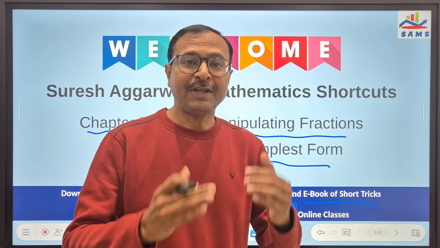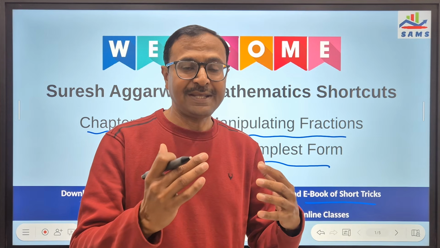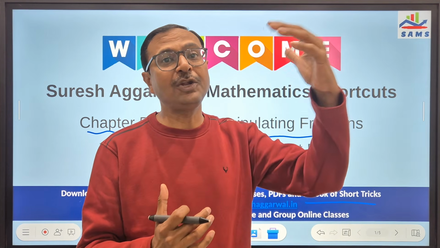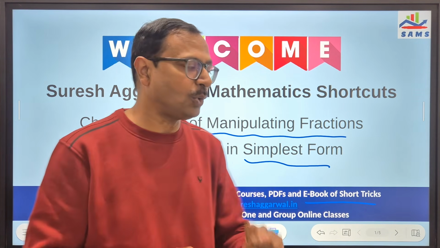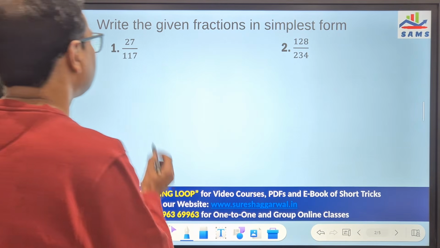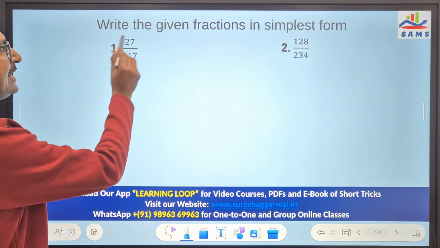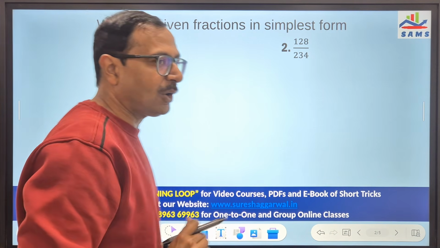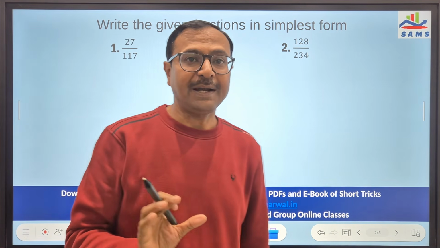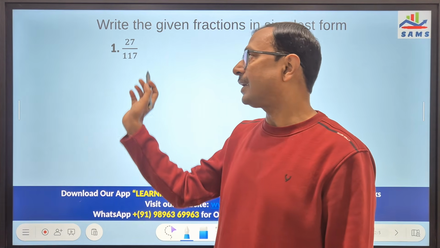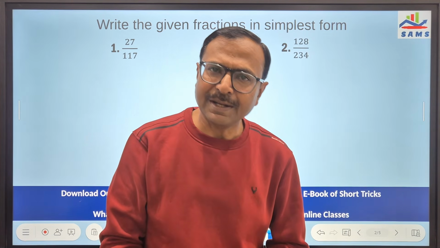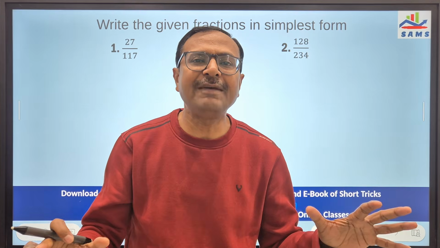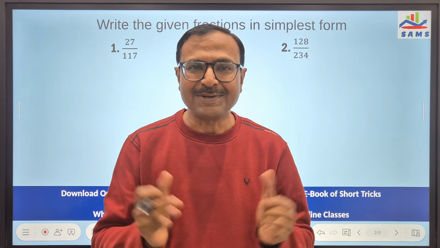And so when you write the factors, there may be a common factor between the numerator and denominator. I'll show you how. Now suppose this is 27 upon 117, which is the fraction. Both the numbers here are odd numbers, and whenever the numbers are odd, they will never be divisible by even numbers.